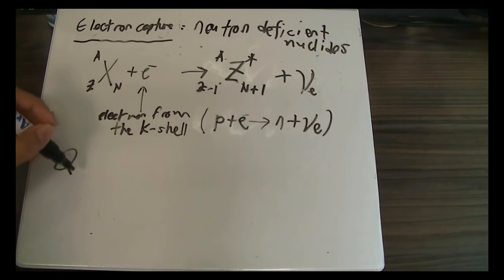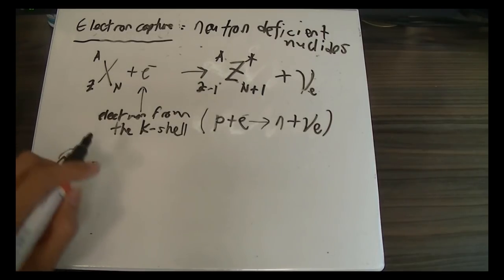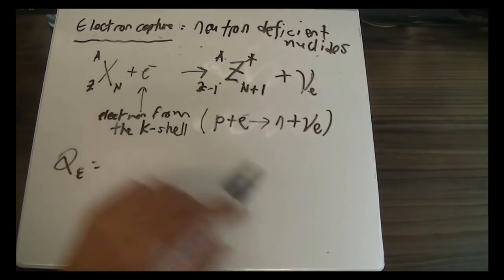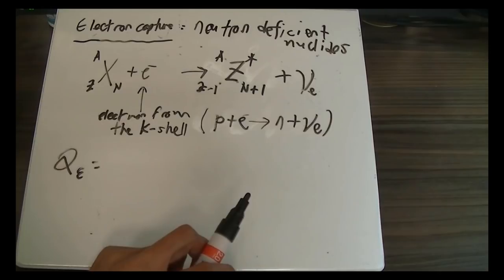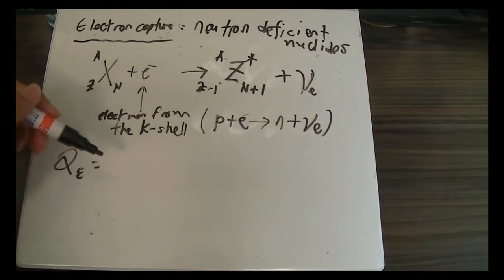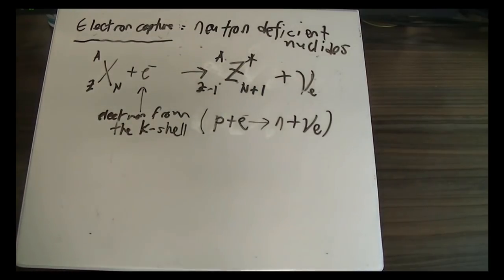So the Q value for the electron capture, I use this symbol, is equal to, we only have the kinetic energy. I'm sorry, it's not yet the Q value. We have to balance the energy first.